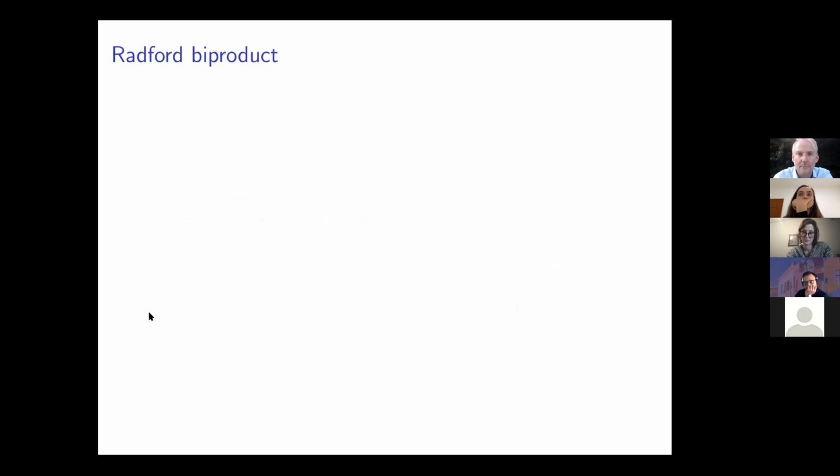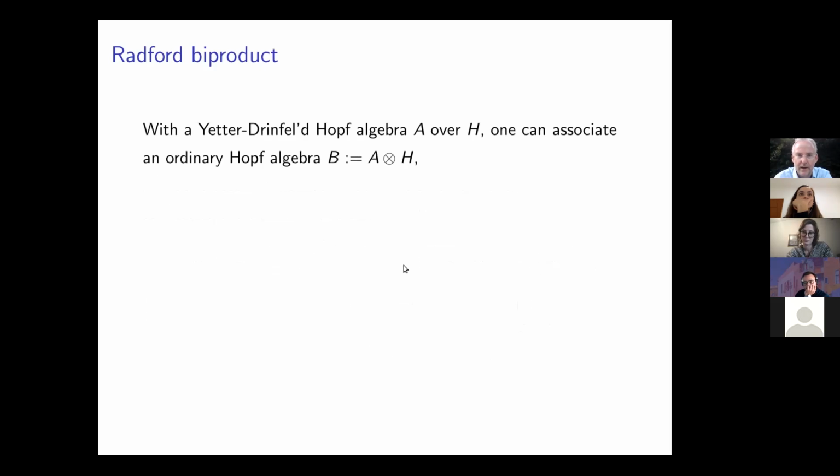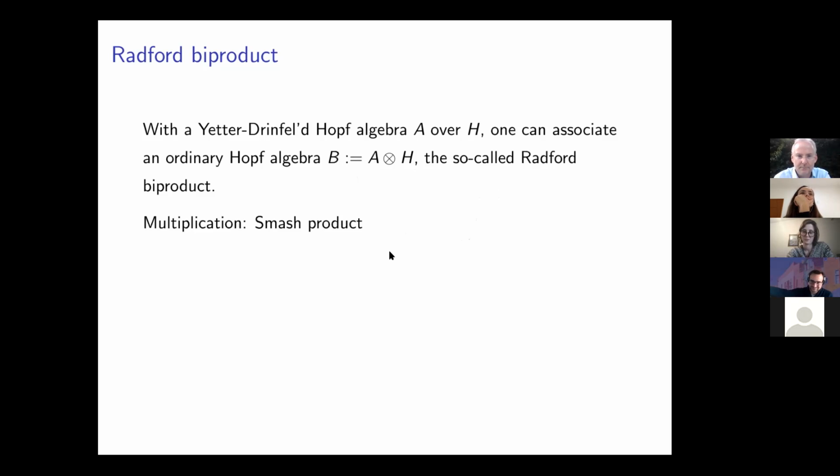For each Yetter-Drinfeld Hopf algebra, you can form a so-called Radford biproduct. I know that the Argentinians like to call this the bosonization, which sounds much fancier. The underlying vector space is A tensor H, and the multiplication is, and you have seen me do this many times if you have attended a couple of my talks.